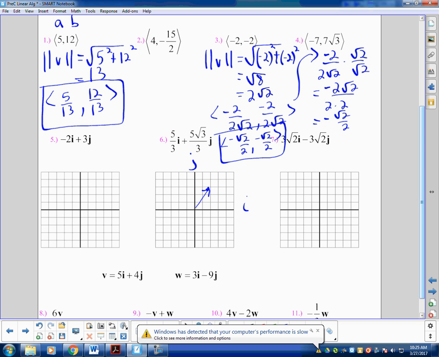And if you'd like to, you could label the sides. That connects it to right triangle mathematics here. We've got 5/3 is one leg of that right triangle, and the other leg is 5 root 3 over 3. There's my right triangle.